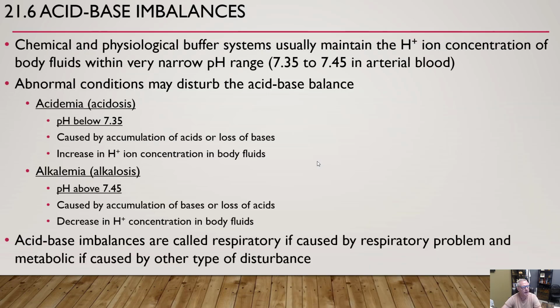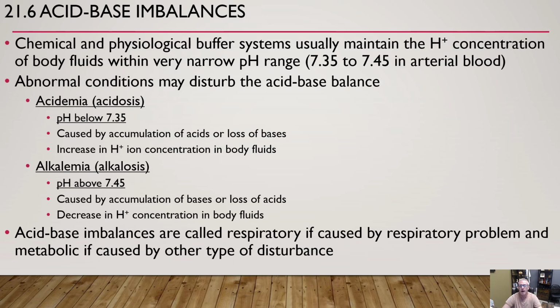All right, so remember that the pH of our blood is 7.35 to 7.45, and we have conditions where the blood falls outside of those normal values.